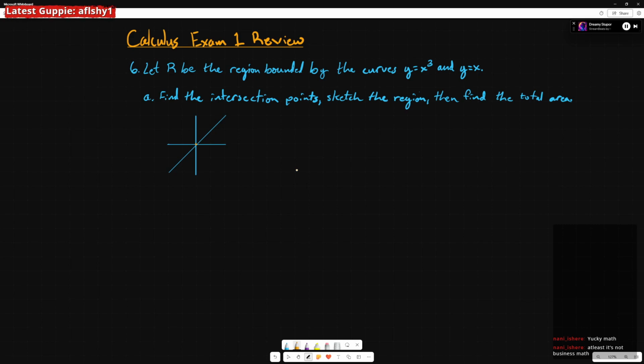First, we can actually just find the points, then we can scale our graph accordingly.